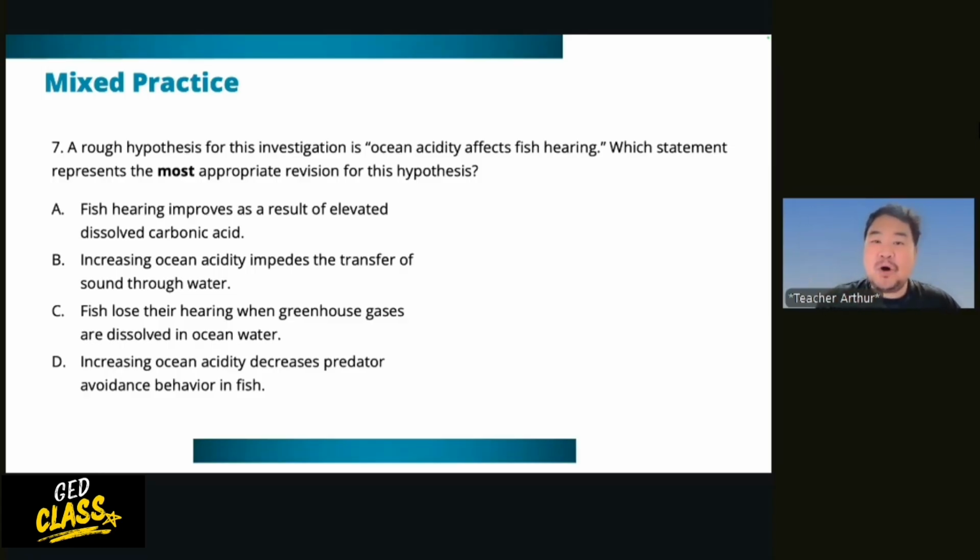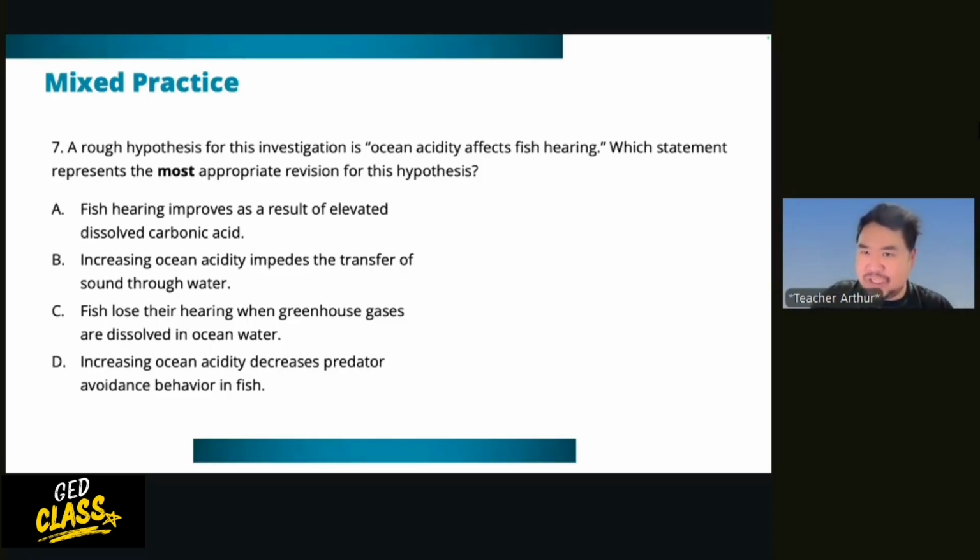So again, the most appropriate, right? The very general hypothesis was ocean acidity affects fish hearing. But more specifically, what did the results say? The results said higher CO2 levels affect the fish hearing. And how do we know that? Because they didn't avoid the predators at the higher CO2 levels.